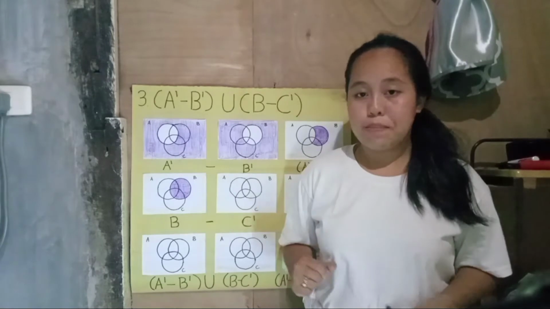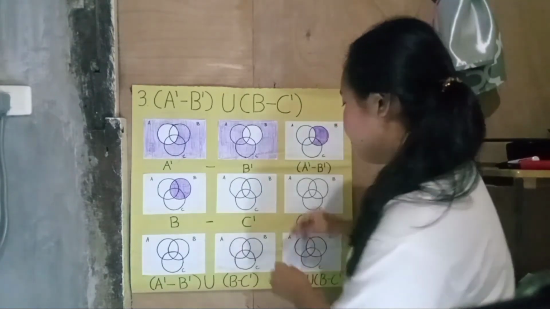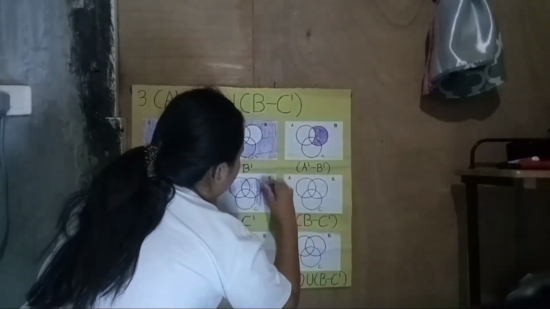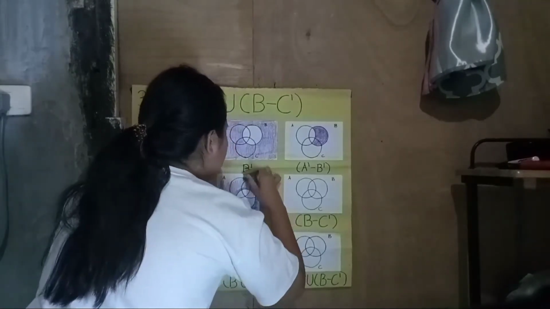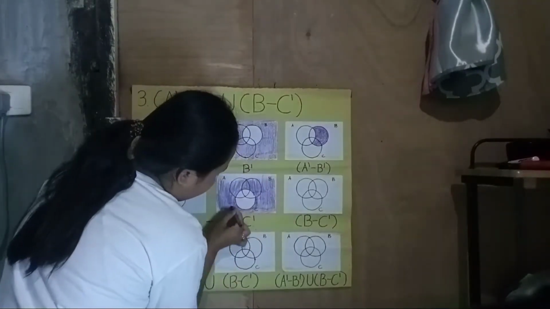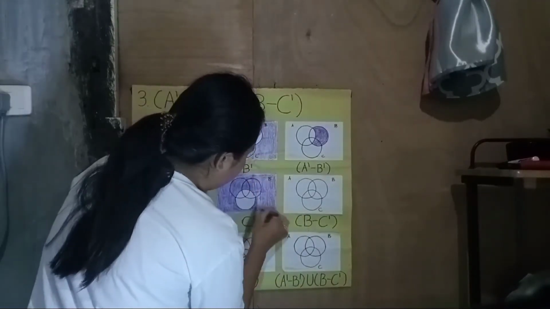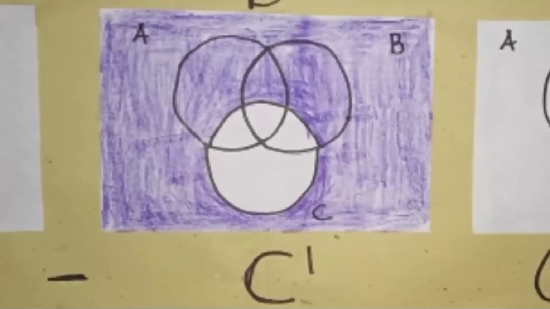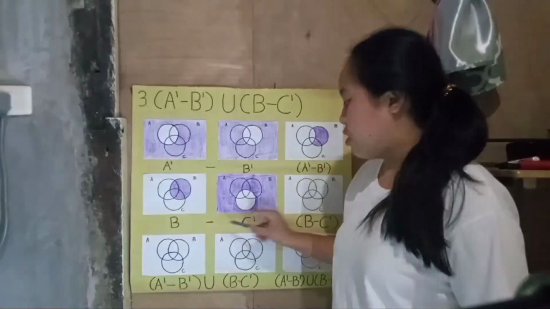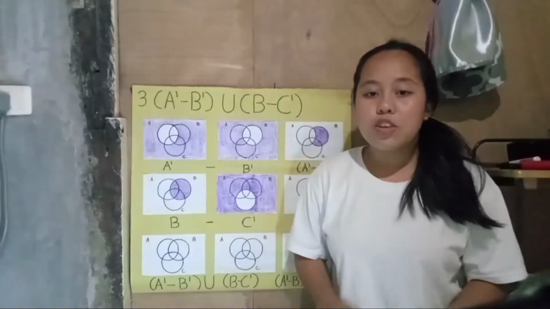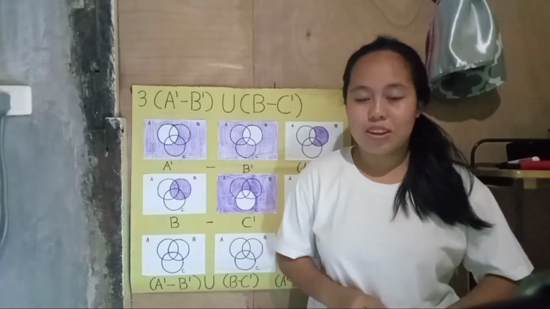When we say C complement, it means the complement of C is not included. After that, B minus C complement means B only without the C complement. So let's have this.